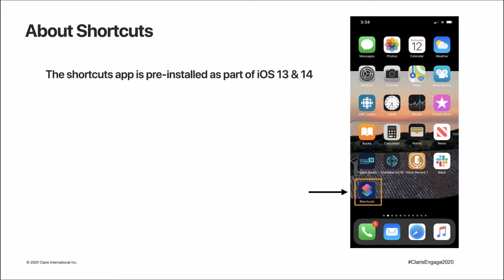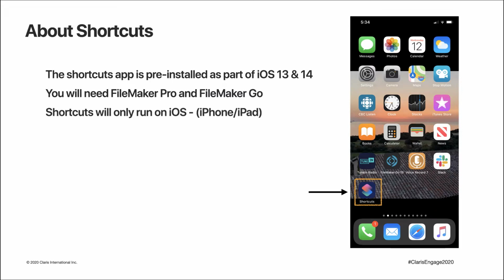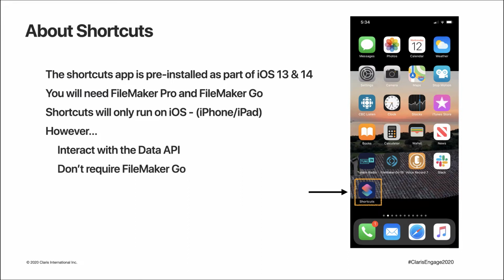The Shortcuts app is pre-installed as part of iOS 13 and 14. You will need FileMaker Pro and FileMaker Go, and we'll cover details of both these apps shortly. Shortcuts will only run on iOS, so iPhone and iPad. However, you can write shortcuts that interact with the Data API and don't require FileMaker Go.